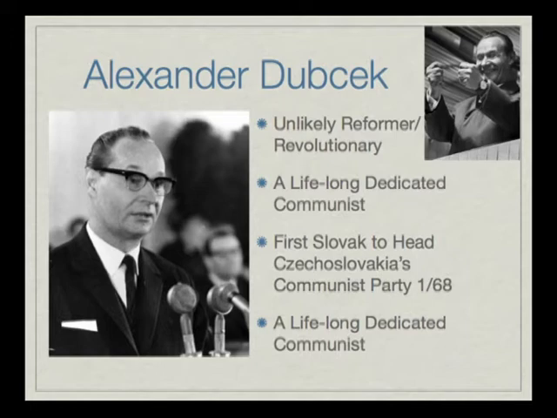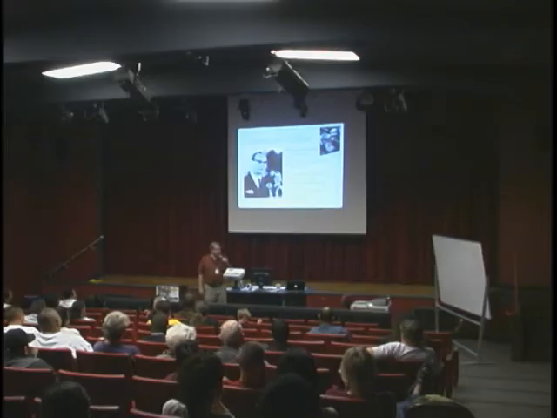He'd suggest something, and all the party officials in Prague would ignore him. And so he worked his way up by being a good soldier, by always doing what they told him to do. And he was a lifelong dedicated communist. He never turned against communism or thought that it was evil his entire life. He died in the late 80s. And he was appointed to be the head of the party early in January 1968 for a variety of reasons.